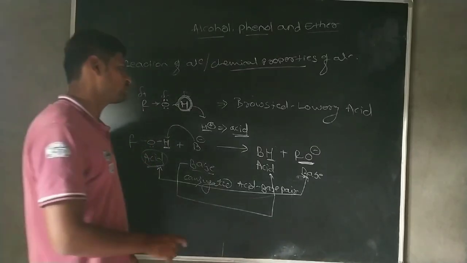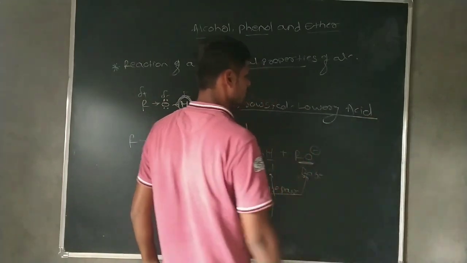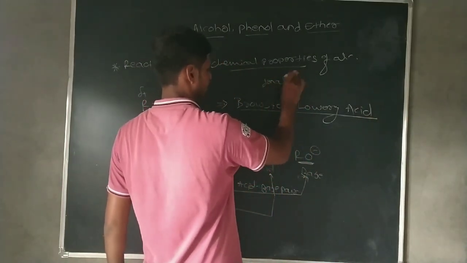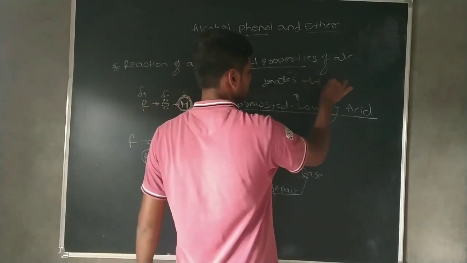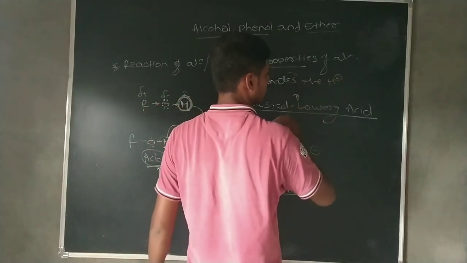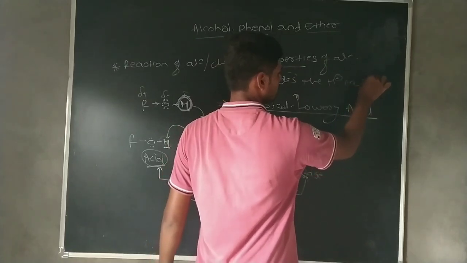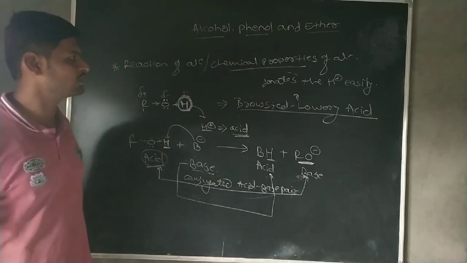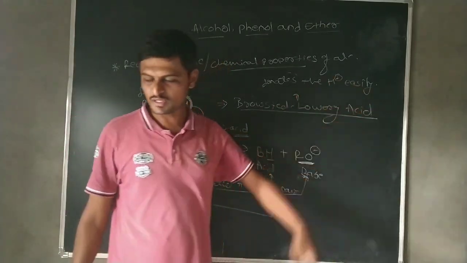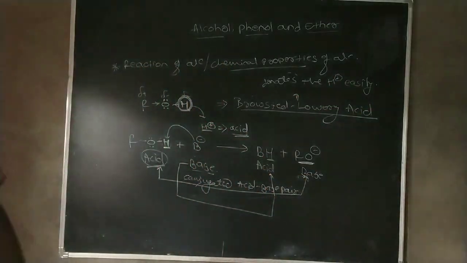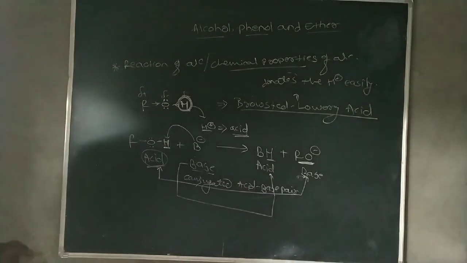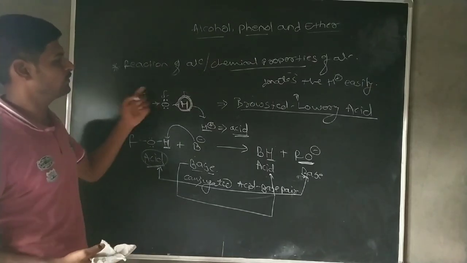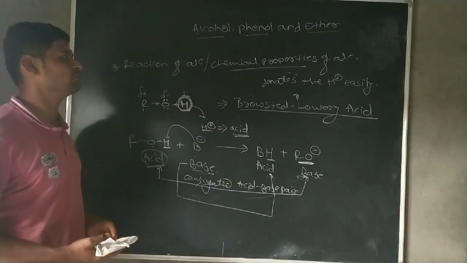Commonly, alcohol is called a Lowry-Bronsted acid because it donates the H plus, that means the proton, easily to the electron-rich species, or to the base. After that, we can show the chemical properties of alcohol.